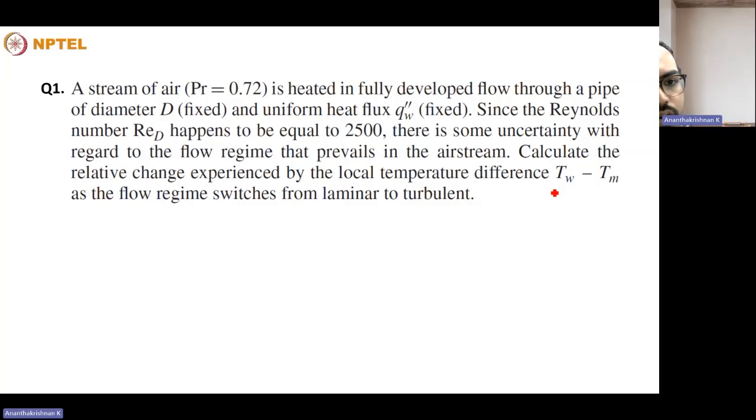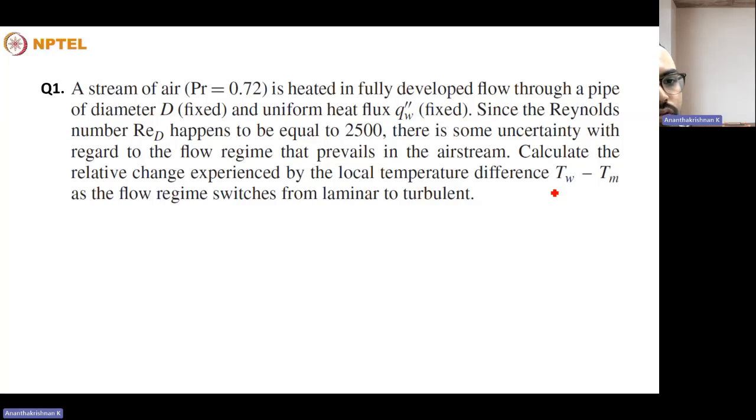Even if it is laminar, if it is a constant heat flux problem, then Q wall is equal to a heat transfer coefficient multiplied by delta T. If it is a laminar problem, Nusselt number is a constant, therefore the heat transfer coefficient will be a constant, and T_W minus T_M will be a constant throughout. The laminar section will have the same T_W minus T_M.